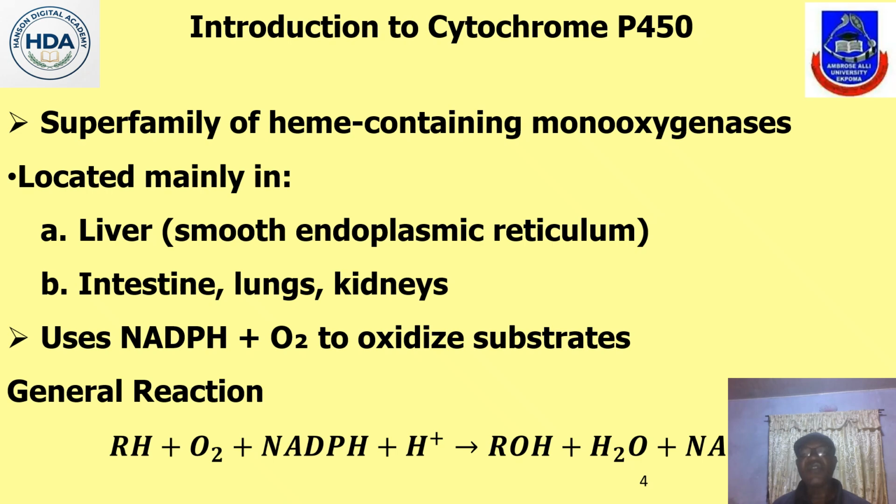Now, by way of introduction, recall that we have earlier defined cytochrome P450 as a superfamily of heme containing monooxygenases located in the liver and the intestine. The particular site in the liver is the smooth endoplasmic reticulum, and we also have some activity of the cytochrome P450 enzyme in the lungs, the kidneys, and the intestines.